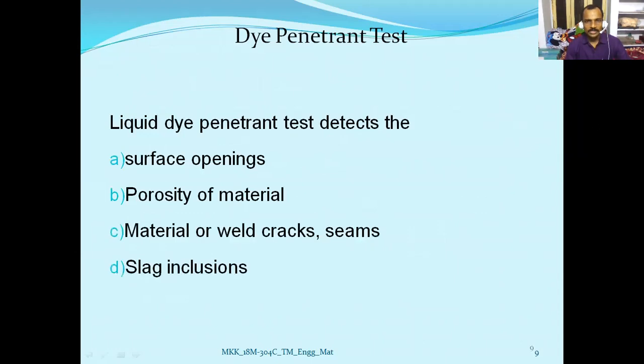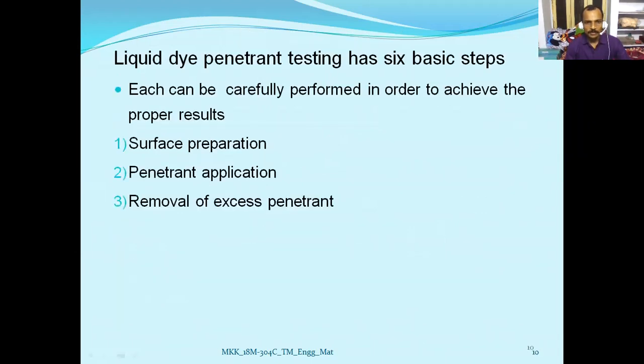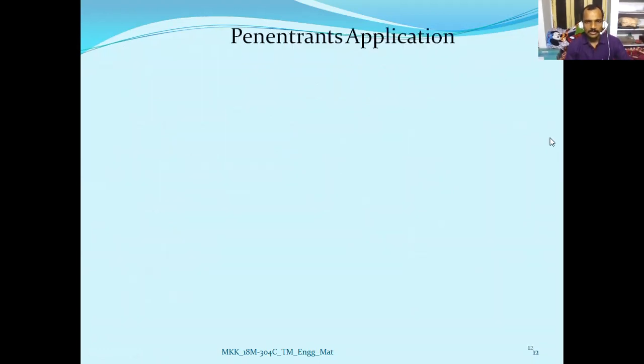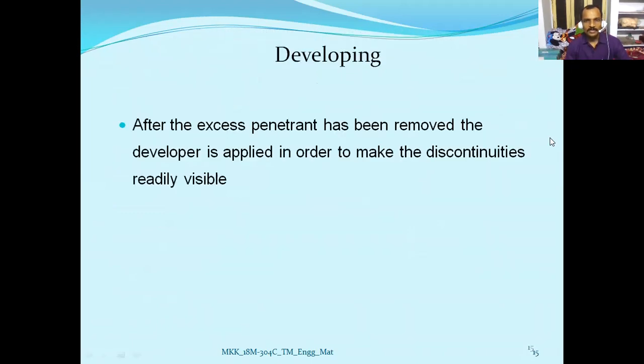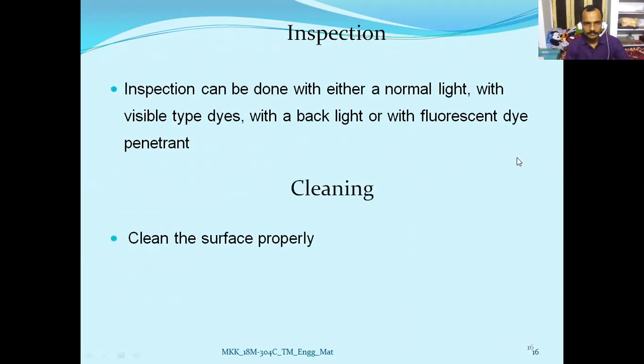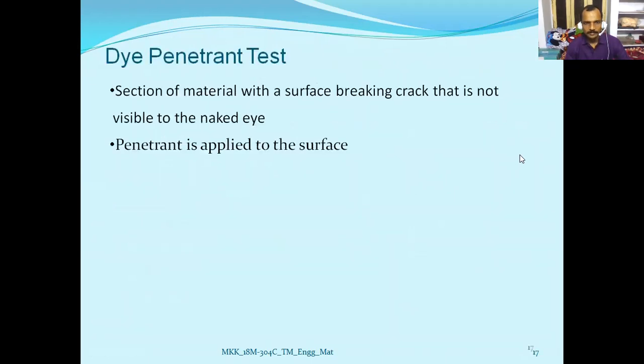So the 6 basic steps in this process are surface preparation, penetrant application, removal of excess penetrant, using a developer, inspecting the component and cleaning the surface. So these are the 6 steps for conducting the dye penetrant test.